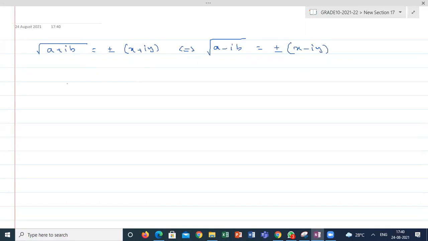If I am adding these two equations, the square root of a plus ib plus the square root of a minus ib, square roots of two conjugate complex numbers, what is your answer, guys?